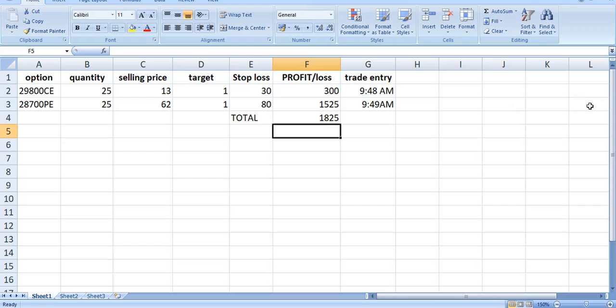And you can see traders, our risk reward in option selling here is 1:2, and if we were booking a loss today, our risk was only 1000 rupees. So here you can see in option selling also we are getting a good risk reward ratio, and we have made a profit of 1825.